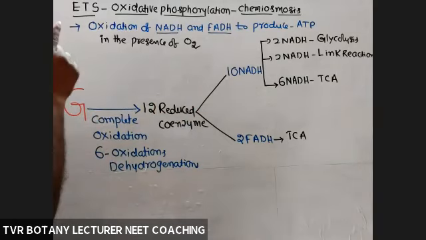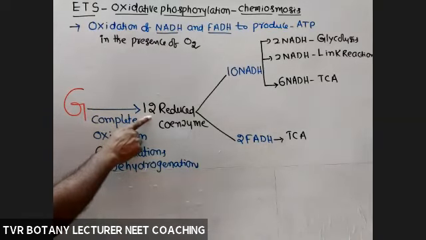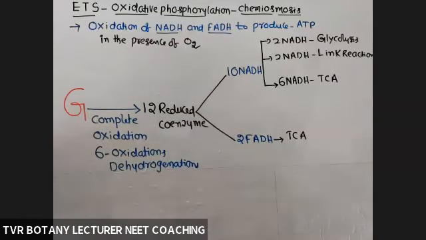They are taking 6 O2 molecules only to cause oxidation of 12 reduced coenzymes. Okay, right? Now, before moving into the mechanism of oxidation of NADH and FADH, what about the components present in the electron transport system?